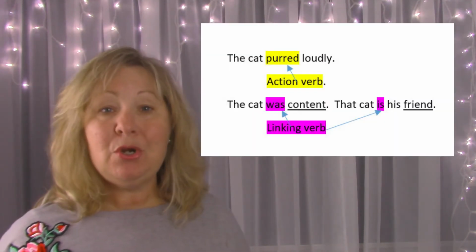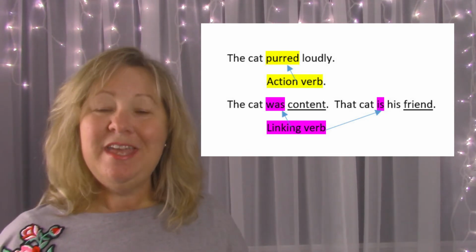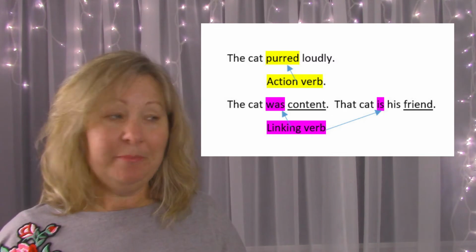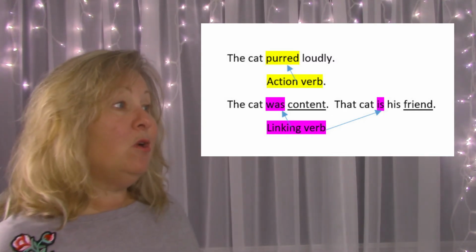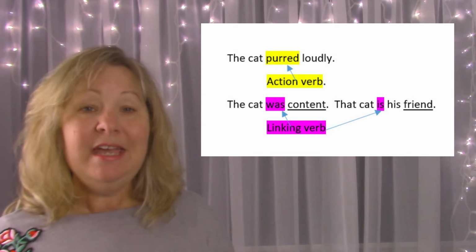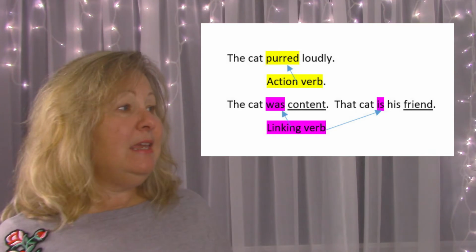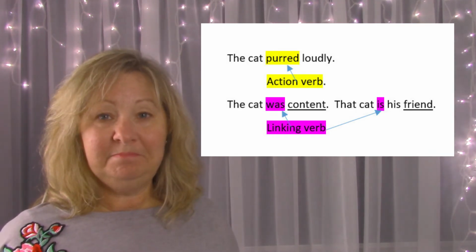Here's another example. The cat purred loudly. Now, purr is something that cats actually do, so that's an action verb. In the sentence, however, that goes, the cat was content, was isn't something that the cat can do. It's a linking verb, linking content, an adjective, with the cat.